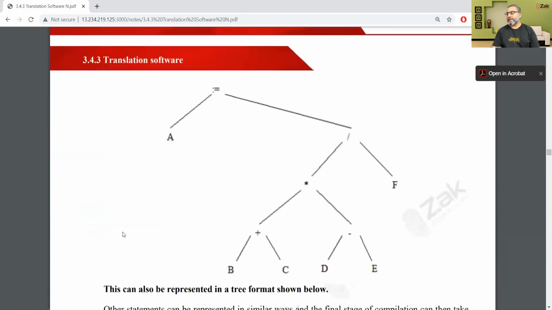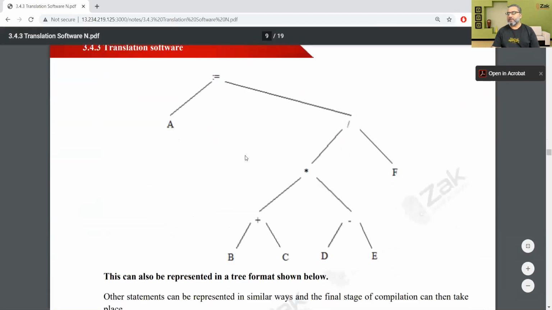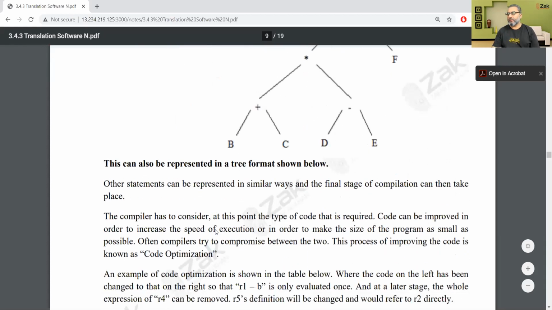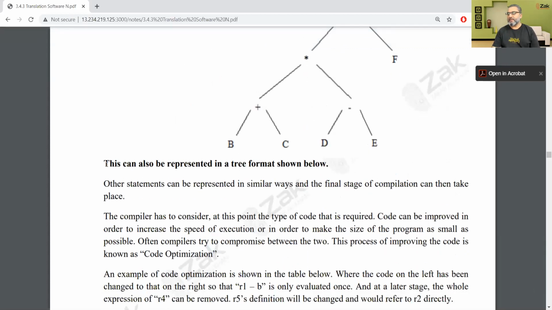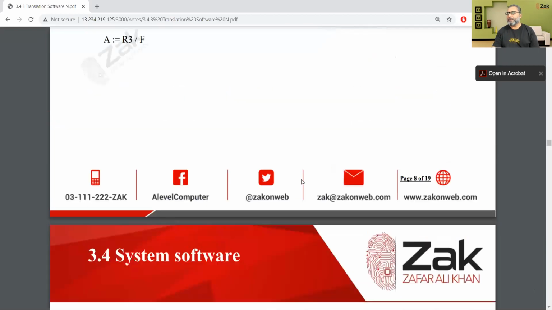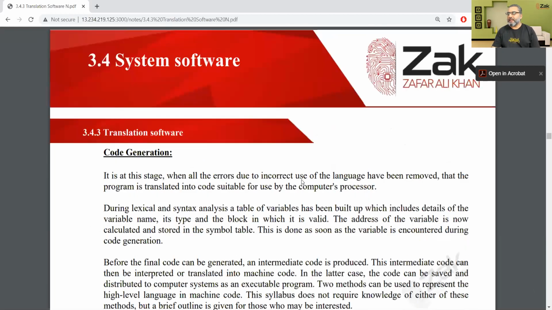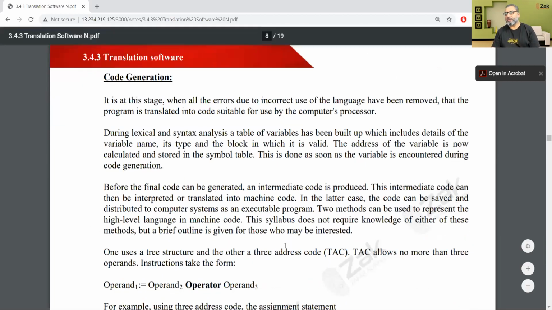All right, so that can still be seen this way. This is actually the binary tree, as I explained, that this is B plus C and then D minus E. They are being multiplied, and then this is being divided by F, and then it is being assigned to A. All right, so that can also be represented in a tree format above. So get the idea. So this is actually the code generation.